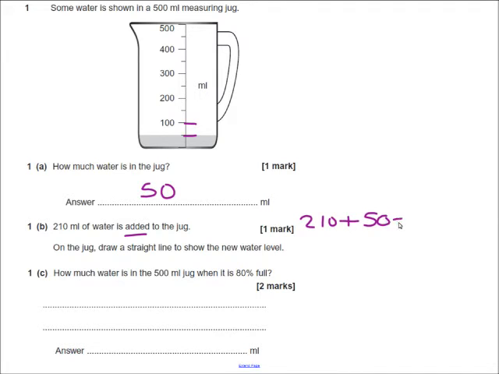So you need to draw a mark at approximately the 260 millilitre level. Well, 250 is here, so dividing this gap between 250 and 300 into 5, it would be approximately there. So you would draw a line that goes approximately across your jug at 260 millilitres, just about there.